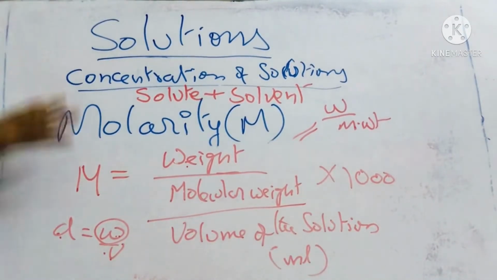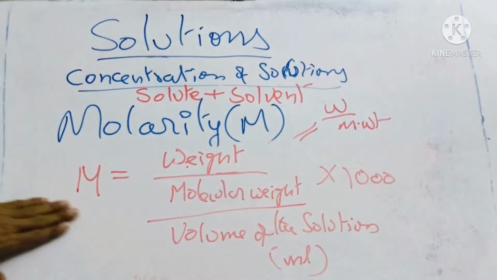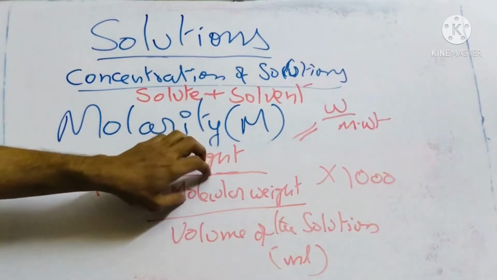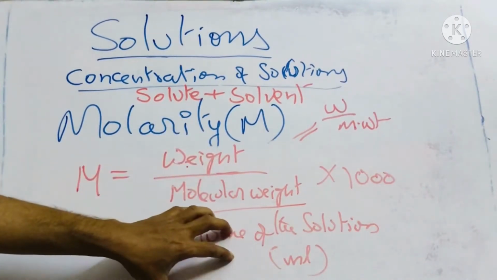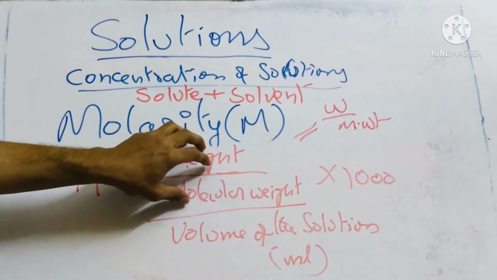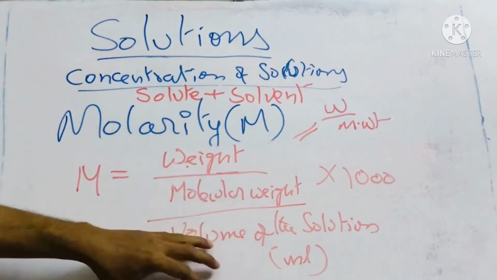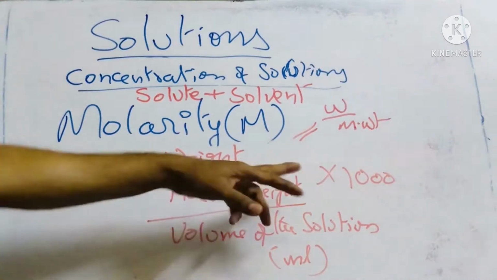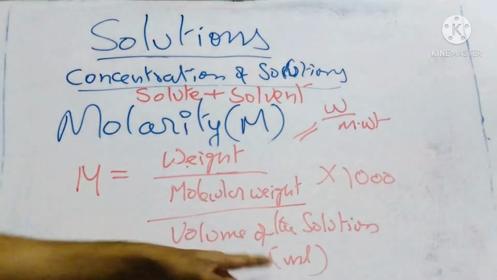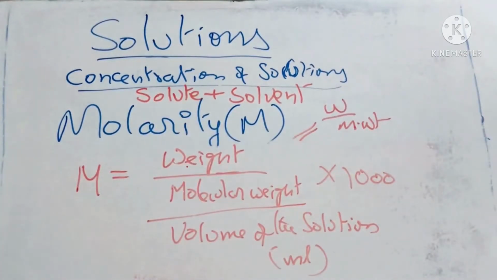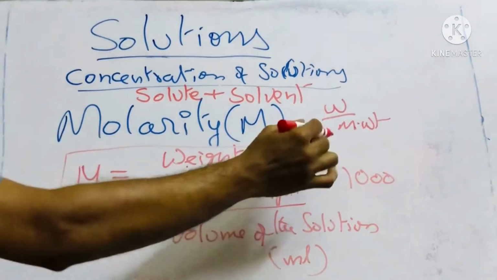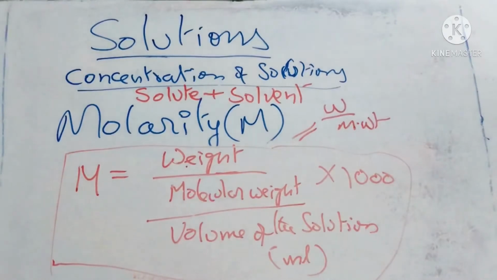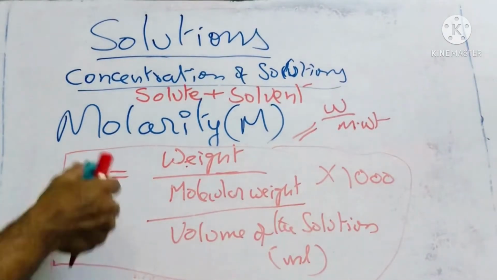So molarity is nothing but the number of moles of the solute present in 1 liter of the solution, or the number of moles present in a given amount of solution, and you multiply with 1000 if you are taking it in ml. This way you can remember it better, so that in an examination, if such questions or problems are given, we can easily solve them.